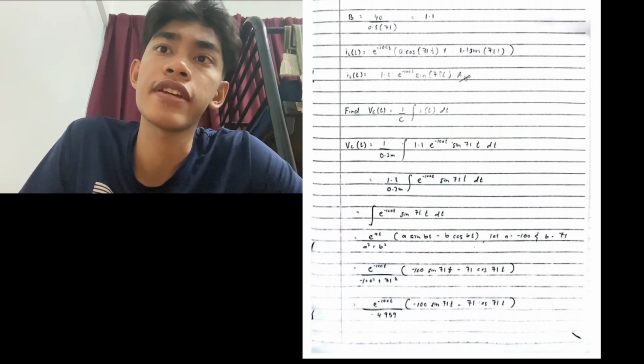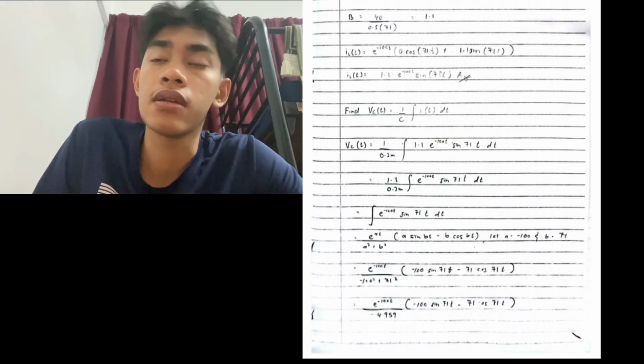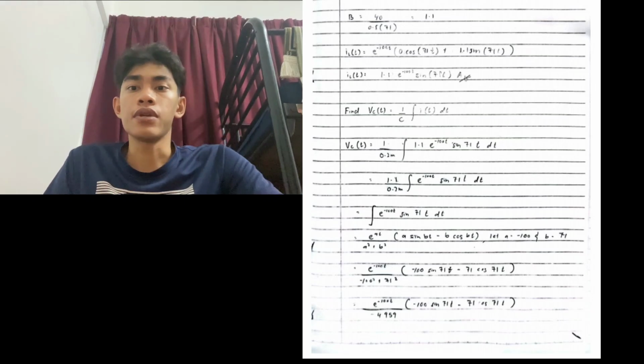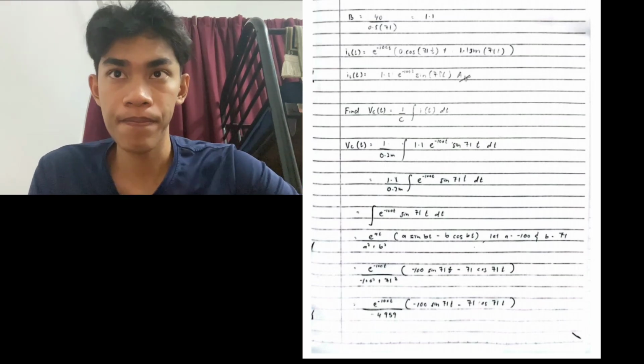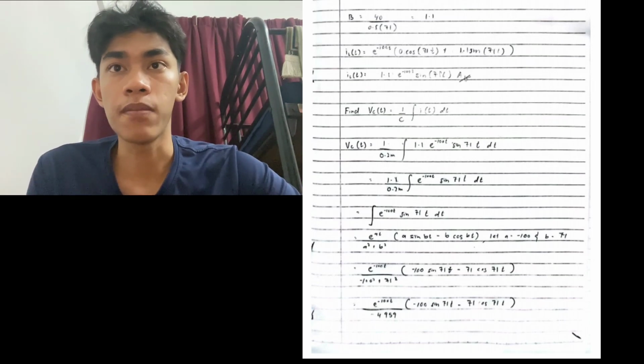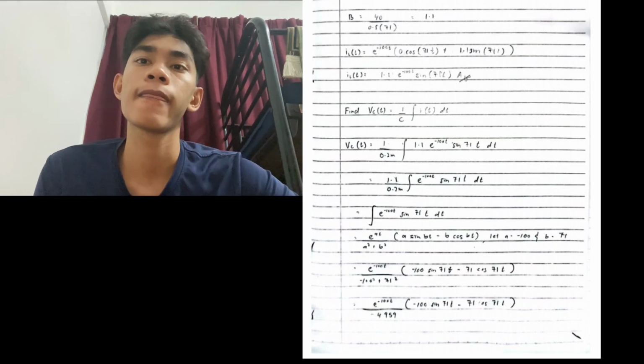And lastly, we need to find the VC. The procedure is the same as we did for the overdamped and critically damped. We use the formula 1 over C times the integration of i(t) dt.